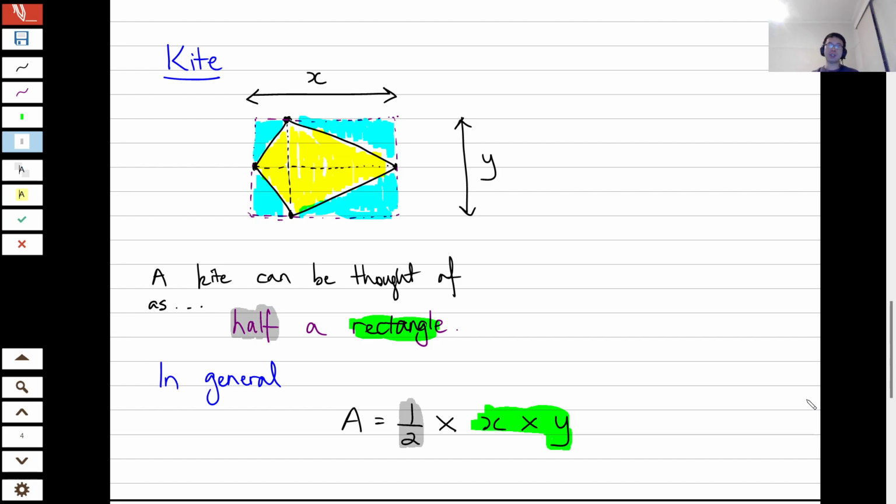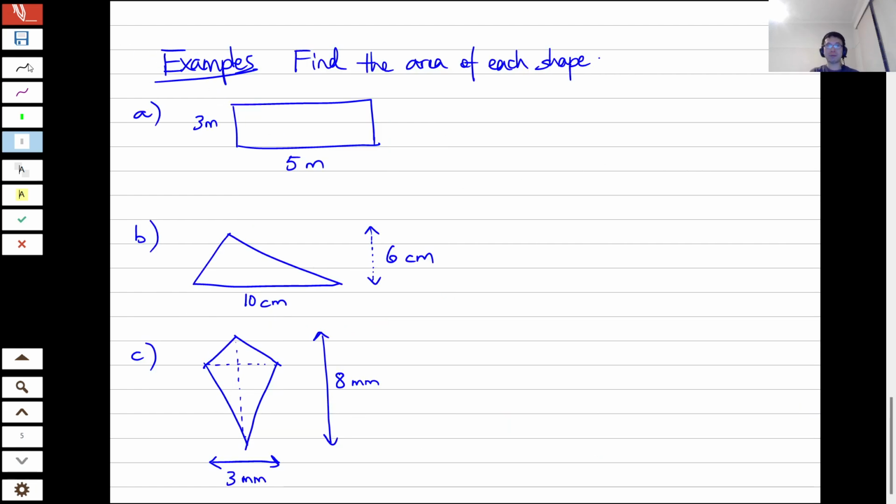All right, let's finish with an example of each shape. So here we go. In the first example, I have got a rectangle with length 5 and width 3. The area of a rectangle is given by L times W, which is 5 times 3, which gives me 15.